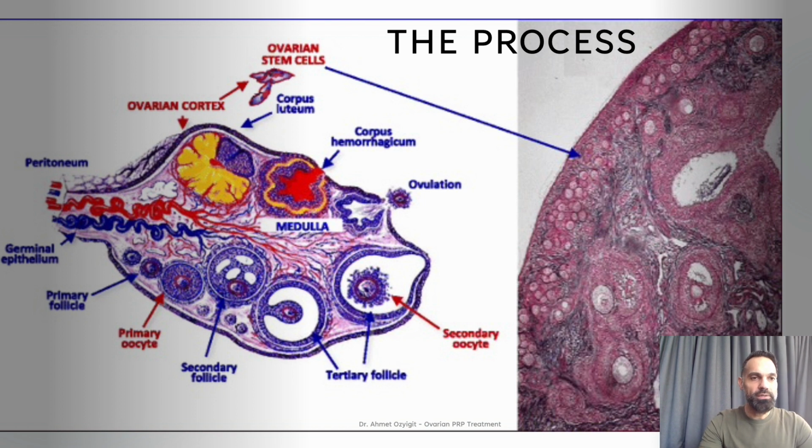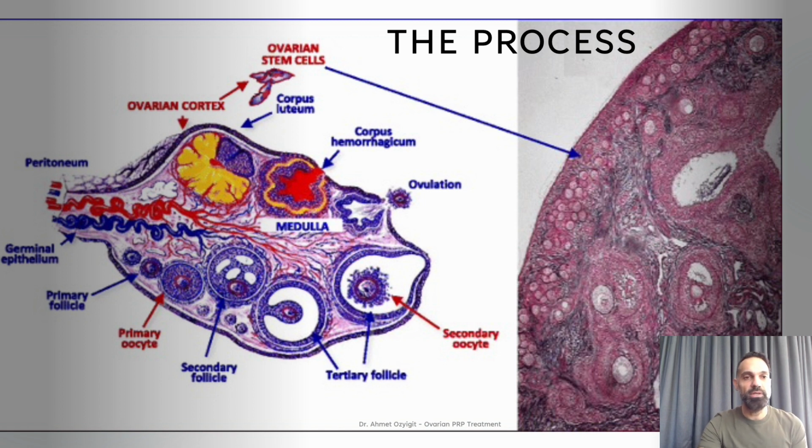Now, the follicles, the stem cells, the primordial follicles, the primary oocytes, and all the rest of the follicle lines exist in the ovarian cortex. So whatever action you're going to take to promote follicular growth has to involve the cortex.